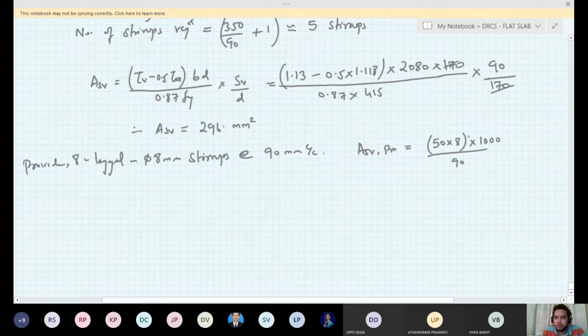Something is wrong. Oh, not 90. It will be this required area, 296. 50 into 8 into 1000 divided by 90.